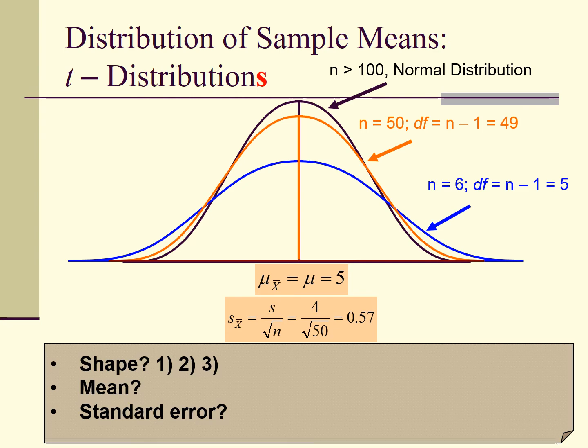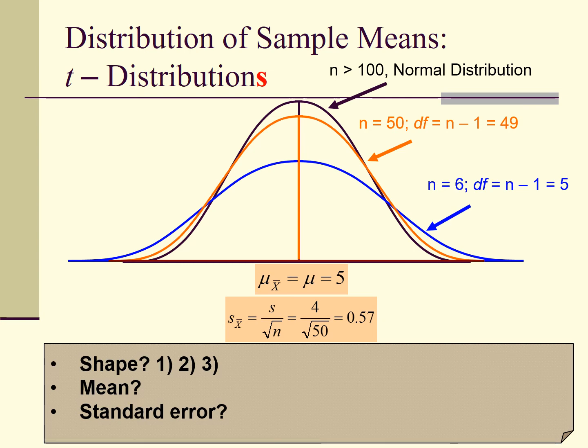When the degree of freedom is small, such as the blue one, n equals 6, the t-distribution is flatter, meaning that it has a bigger standard error. When the degree of freedom is bigger, such as this orange distribution, the t-distribution is narrower.